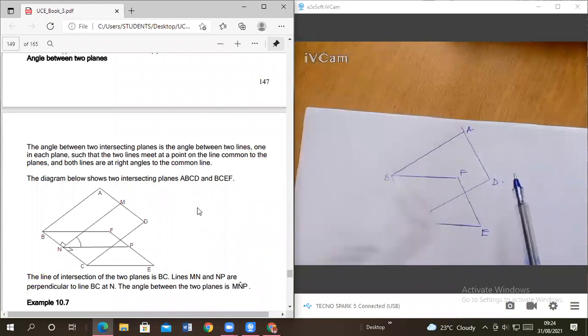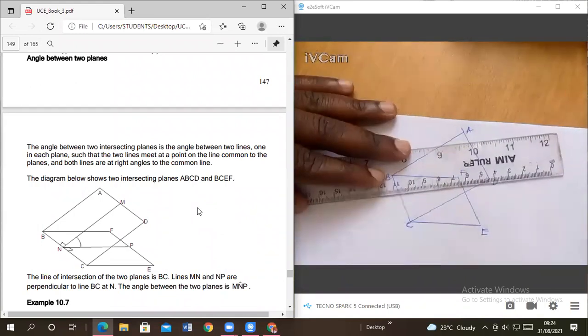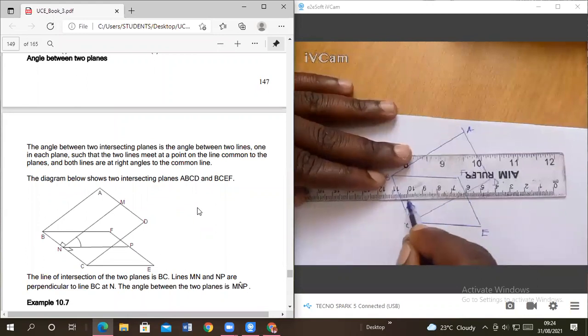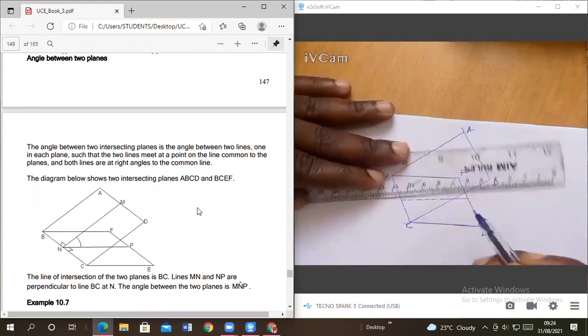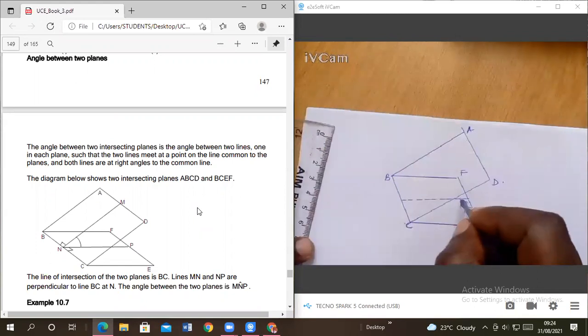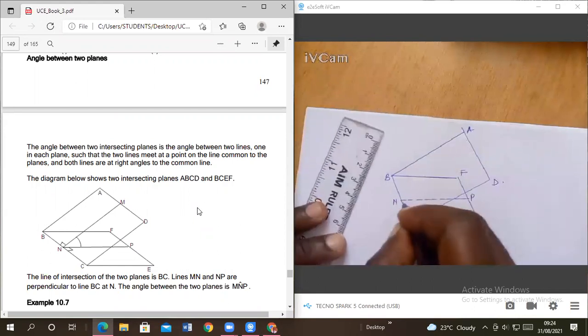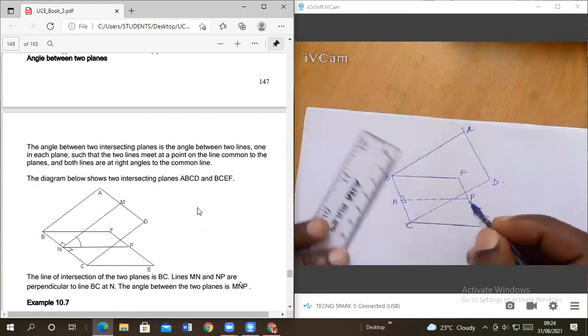Now you draw a line that bisects the lower plane into two. This is the line I'm drawing. Make it dotted. And that line bisects it into two. And this is P, this is M, N, such that this is 90 degrees, that is also 90 degrees there.